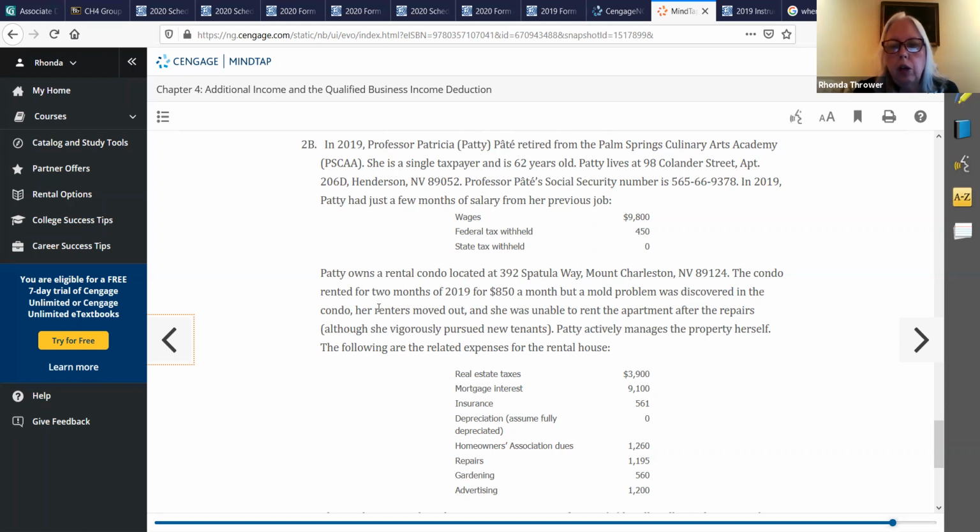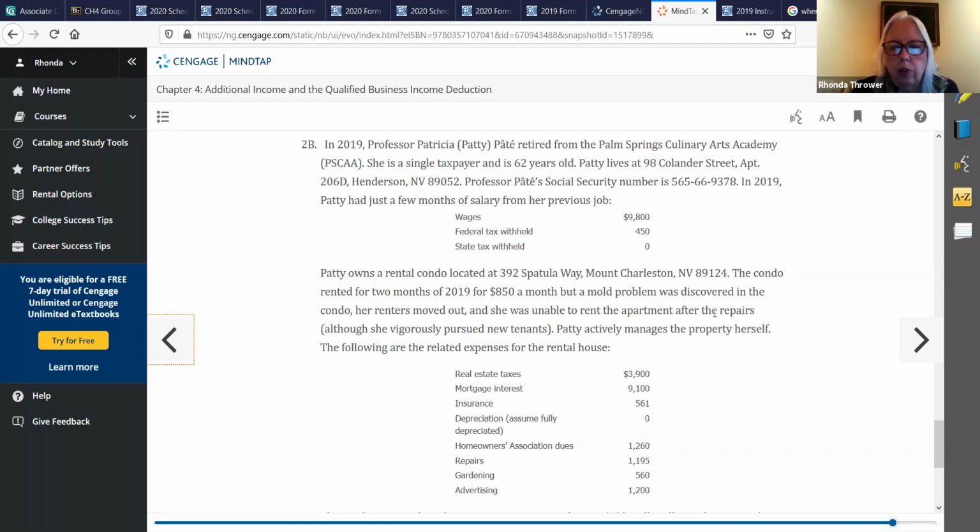The condo rented for 2 months in 2019 for $850 a month. So that's important to know. This is how much income she's got for 2 months. And this is going to go on the Schedule E, which is the supplemental income and loss schedule.